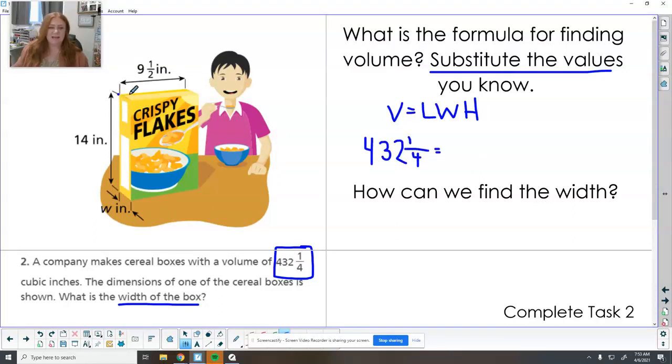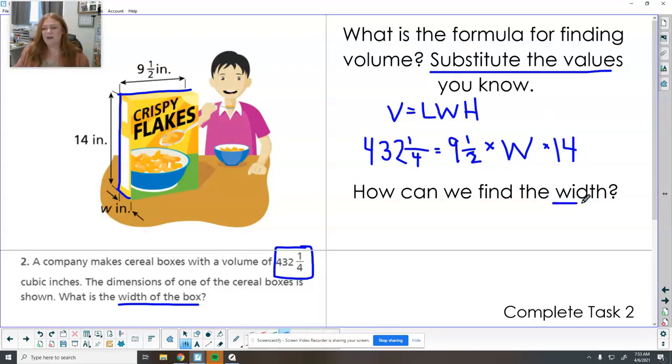So our length here is 9.5. And our width is W. We don't know our width. And our height from top to bottom is 14.